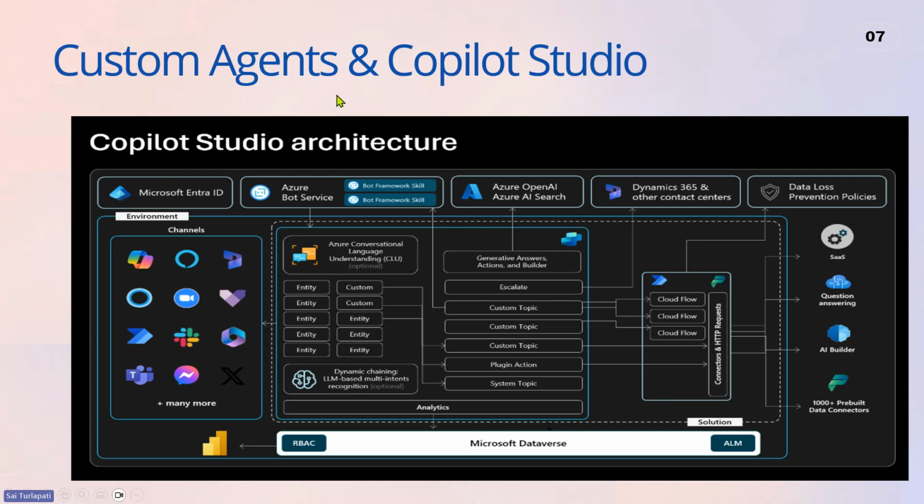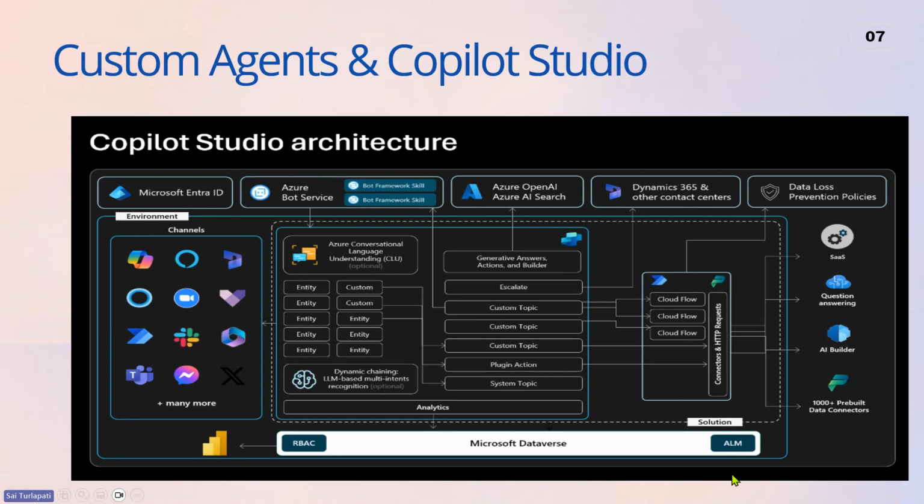So this is one of the most powerful ways to create an agent in the Microsoft ecosystem. There are different ways to create agents, but this is one of the easiest, most secure, and efficient ways right now. We are well versed with creating these agents. We created multiple agents and deployed them also.